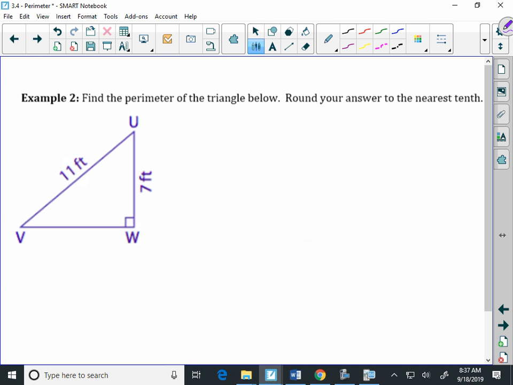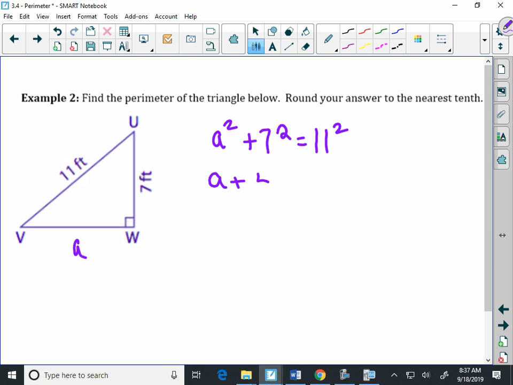We want to find the length of VW, which I'm going to call side A. You can call it whatever you want, but we're going to use the Pythagorean theorem. So this is A squared plus 7 squared equals 11 squared. If you need to, you type these values in your calculator.